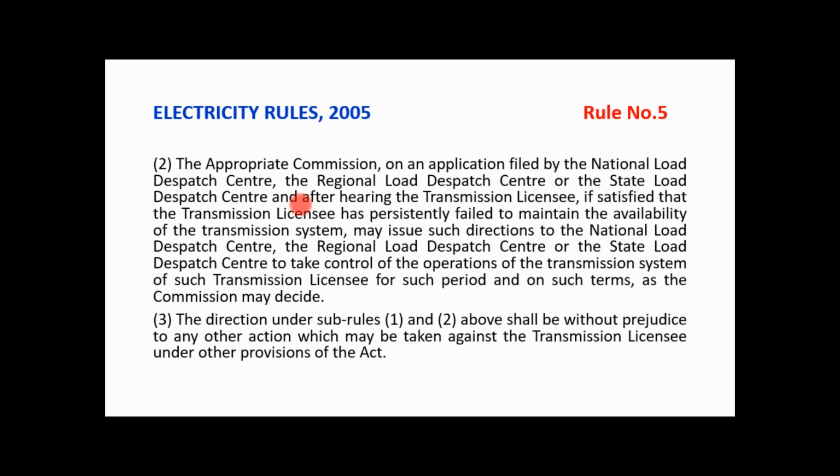In case they are not satisfied with the conditions, then they can suspend it too. So with approval of this license, they are going to guide the persons and these companies how to go for the transmission.